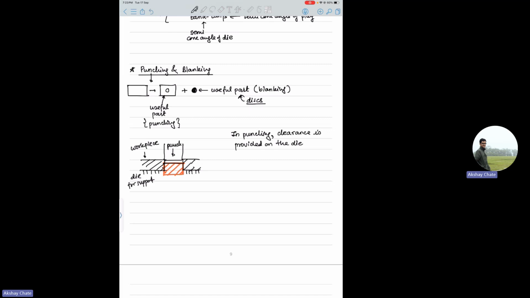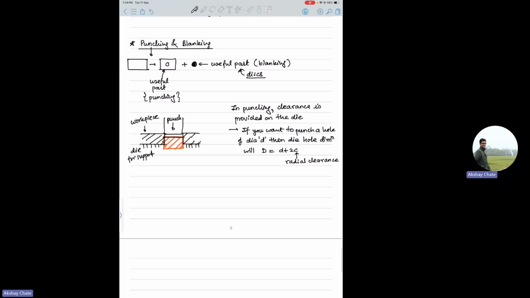What I mean by that is, if you want to punch a hole of diameter d, then the die hole dimension, let's say capital D is the die, will be the hole diameter plus 2c, where c is the radial clearance. If it is a diametral clearance, then you have d plus c.